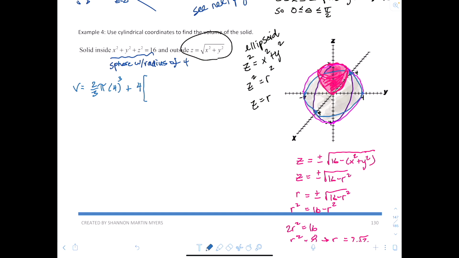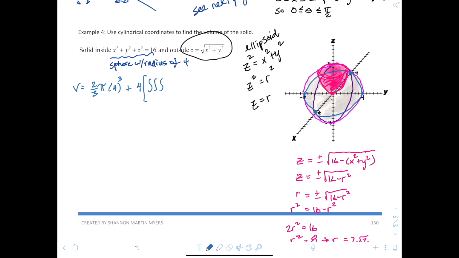So working with the first one, we're working with the ellipsoid, okay? So with the ellipsoid, we'll have a triple integral, and it's going to be a dz, dr, d theta.